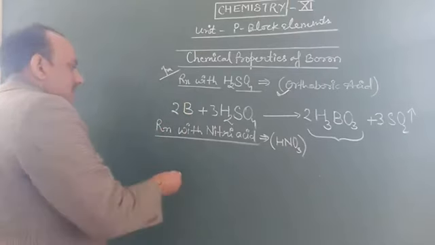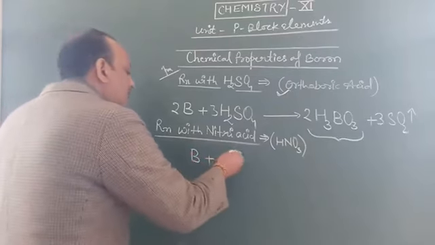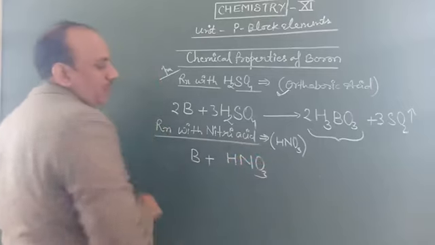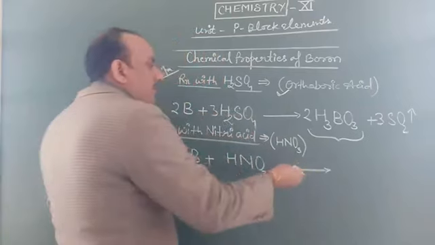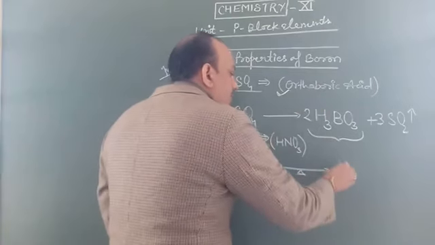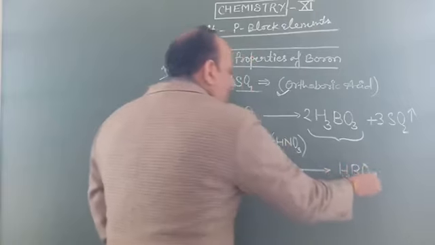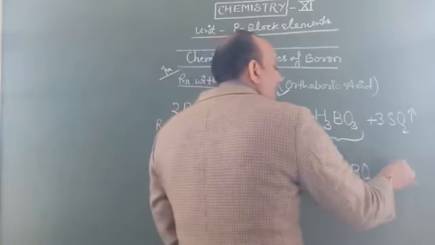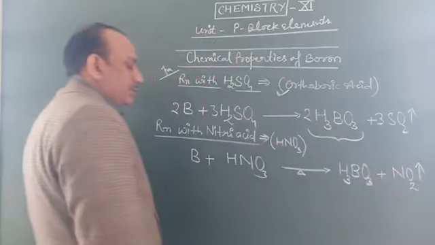The reaction is given as boron reacts with nitric acid HNO3 to form orthoboric acid H3BO3 and nitrogen dioxide in gaseous form, NO2.